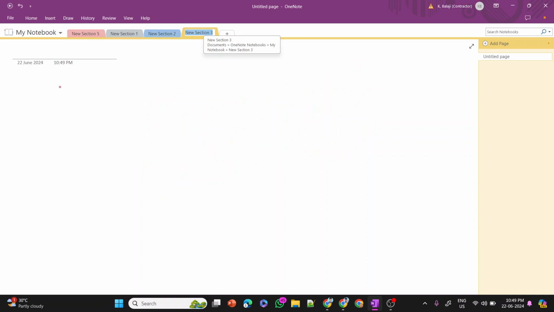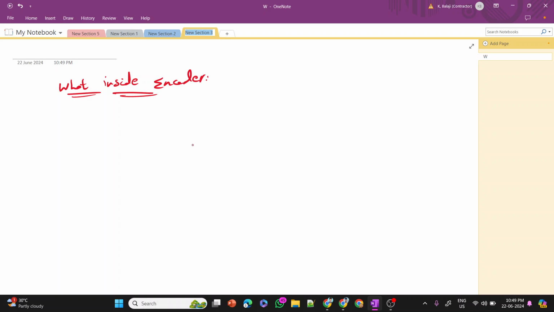Let's see what is inside the encoder. Inside the encoder, there are two things. One is the feed forward network.